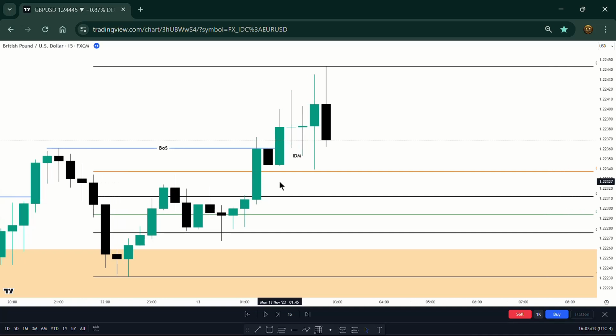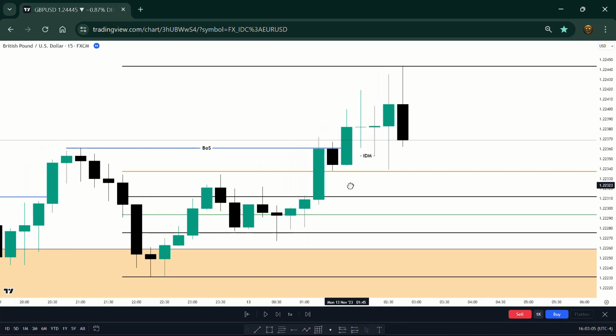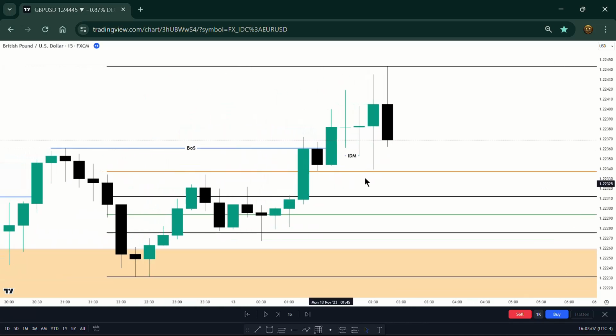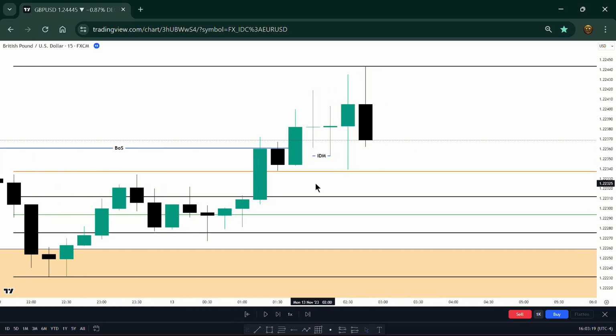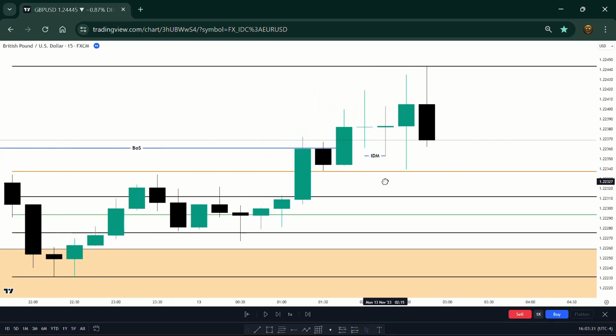So guys, if I ask you what can you see here under the equilibrium level, any unmitigated order block that you can see here, okay? This takes a lot of practice, guys, for you to see certain things, okay?